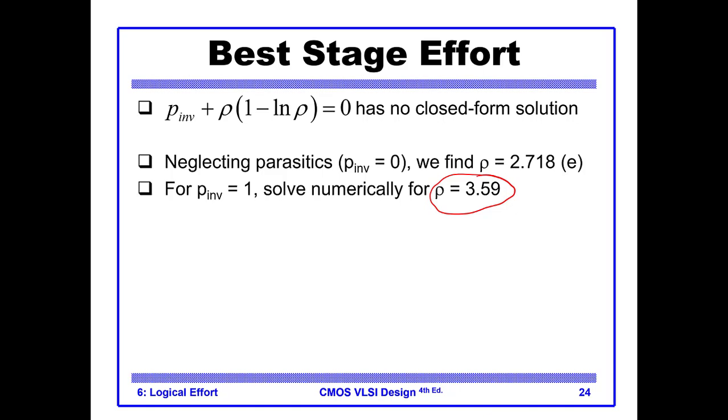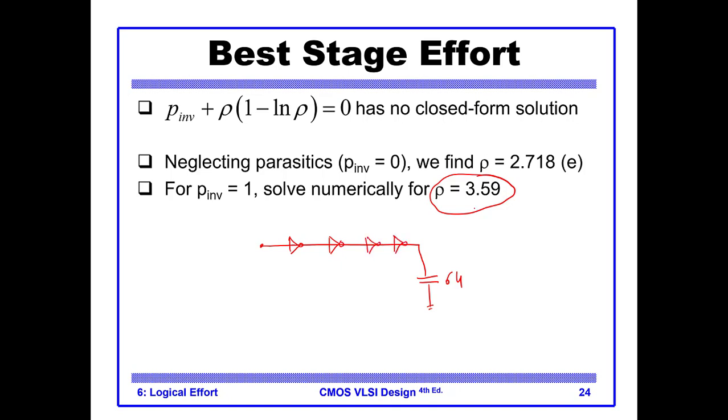So what this means is that, for example, let me consider this scenario. In order to drive this 64-bit load, you want a number of stages. So how many stages should there be?